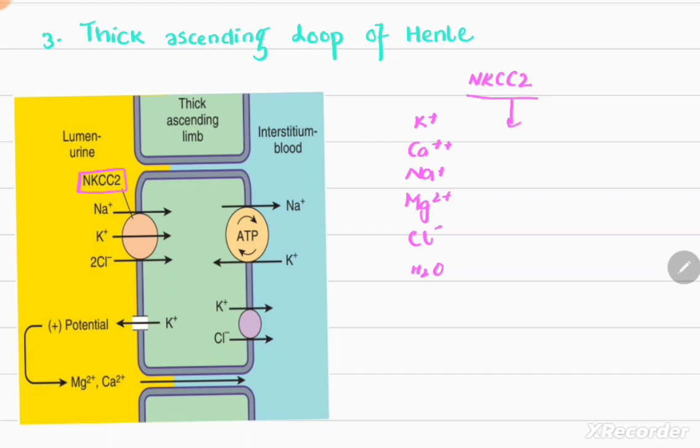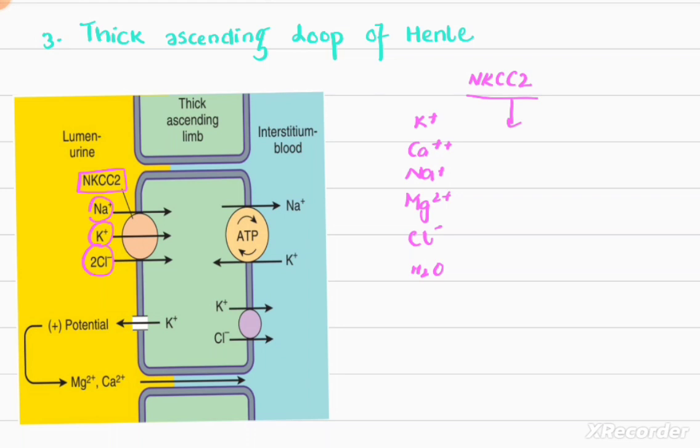It causes the inflow of sodium, potassium and chloride ions. There are two chloride ions associated with the inflow of one sodium and one potassium. This is why it is known as NKCC2, because two chloride ions are going inside along with the sodium and potassium.